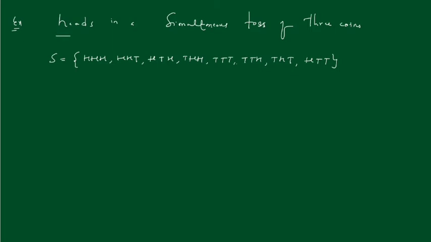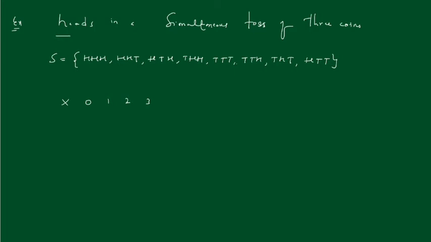So now, what will be the random variable x? Heads in a simultaneous toss of 3 coins means we can have associated outcomes 0, 1, 2 and 3. 3 outcomes we have here, right?